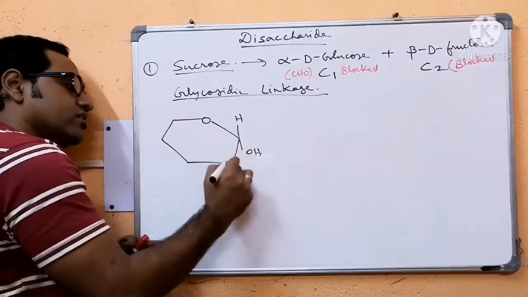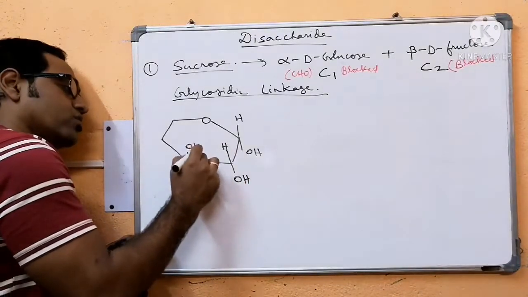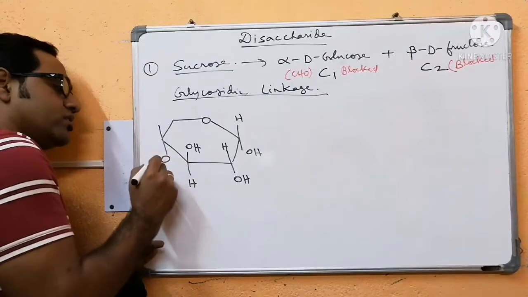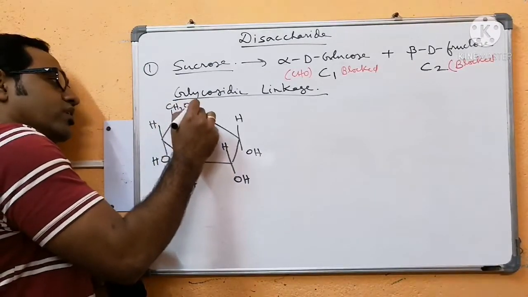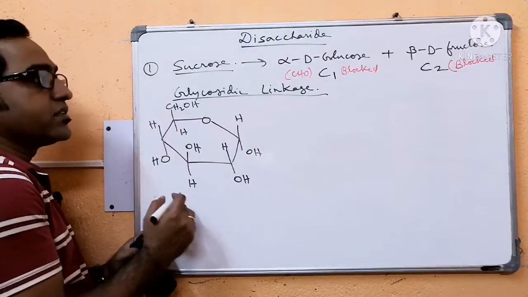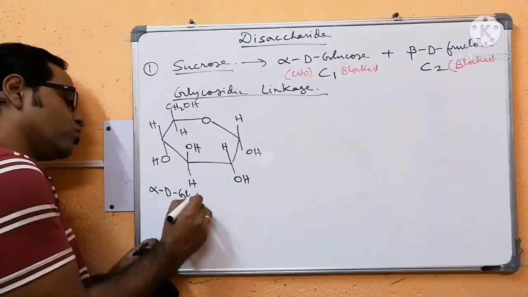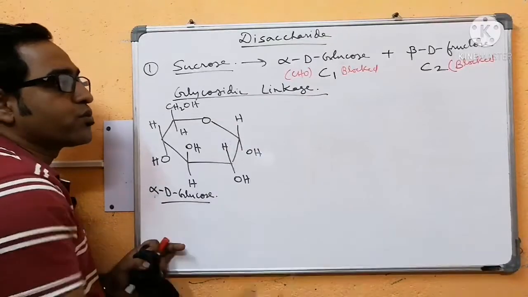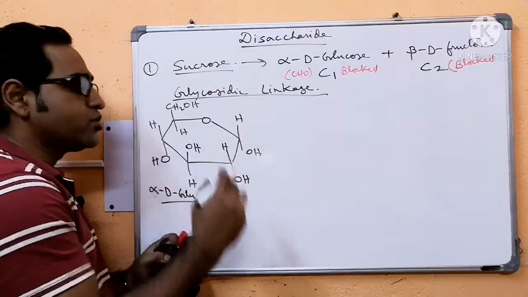H, OH, OH, H, OH, H, OH, H, CH2OH, H. This is alpha D glucose. Okay. Now let's draw the fructose, beta D fructose of C2 carbon.